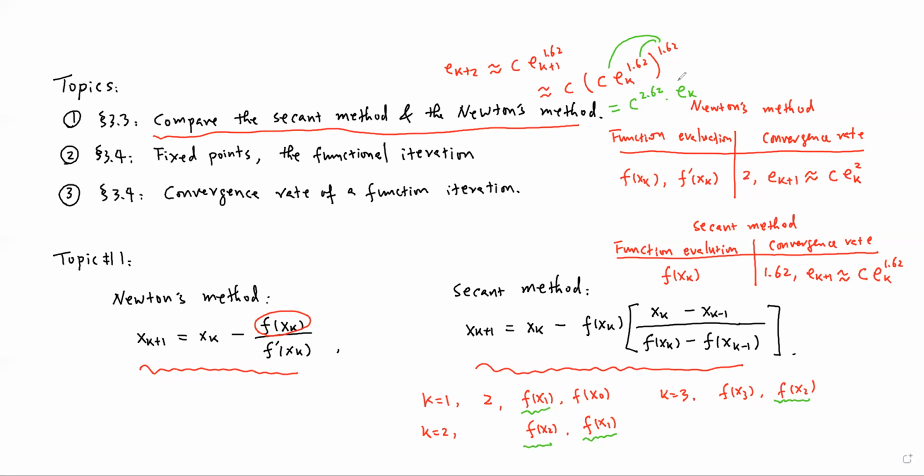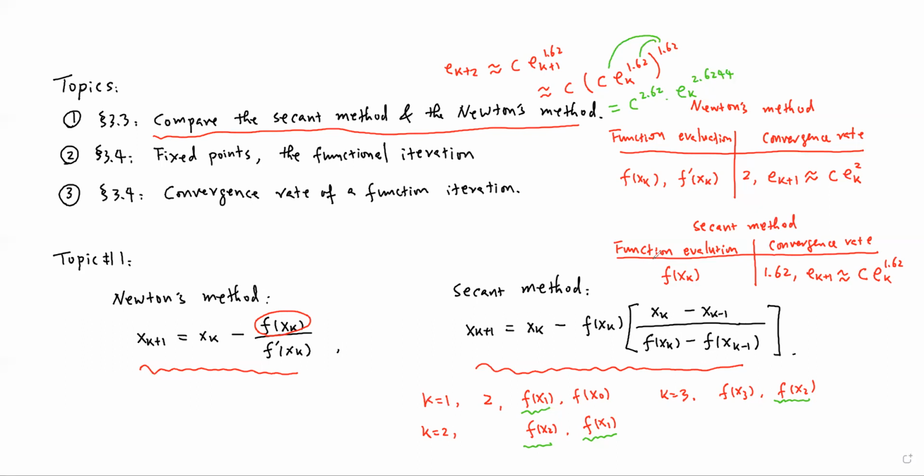It is 2.6244. If I view 2 steps as 1 step, then the secant method has the same computational cost as Newton's method, but the order is 2.62, much better than Newton's method.